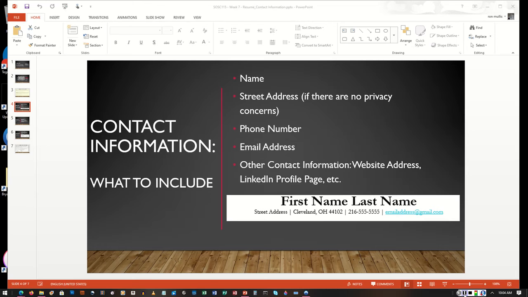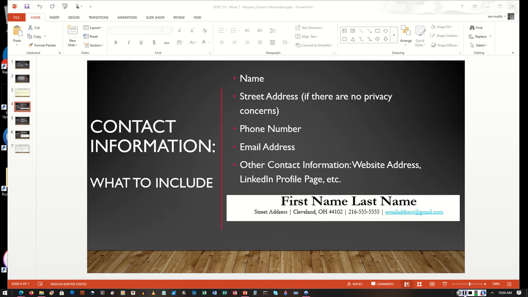In the contact information section of your resume, you need to include things like your name, your street address, the city that you live in, the state, the zip code, your phone number, your email address, and other contact information. If you have a website, you put the website on there.